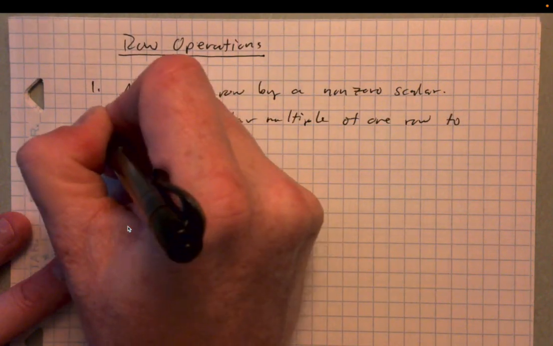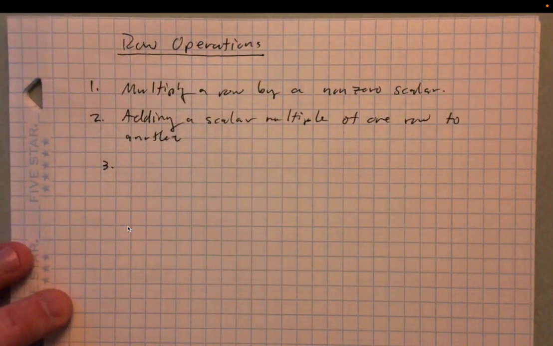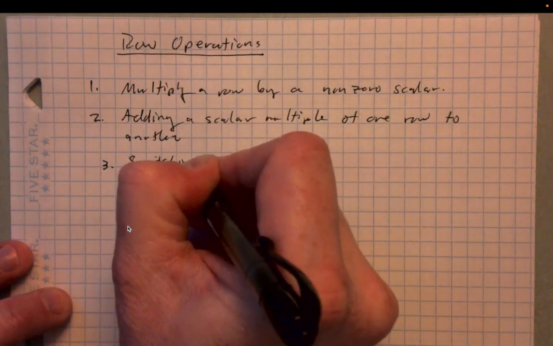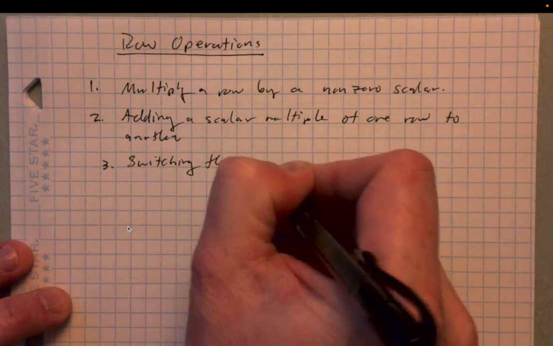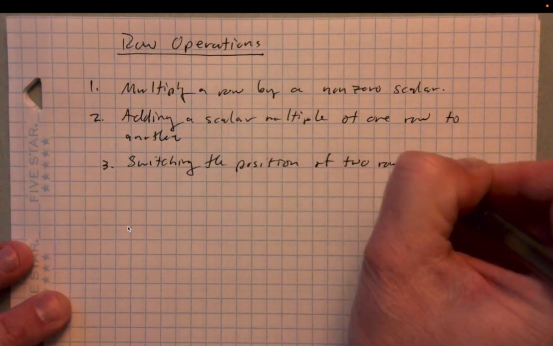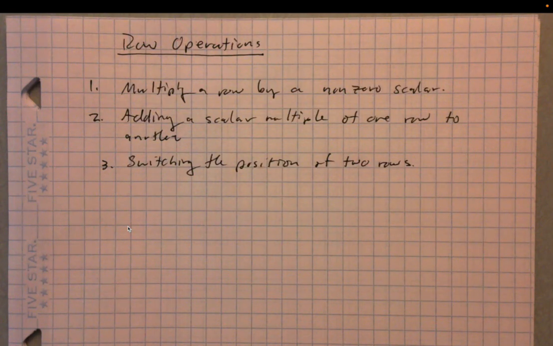And then the third row operation was switching the position of two rows.